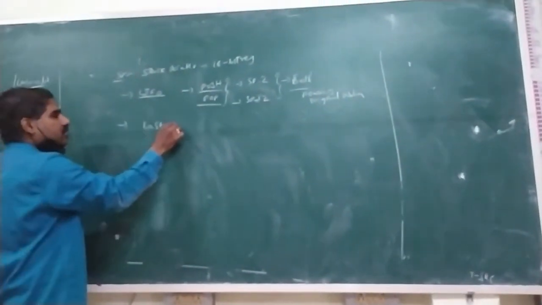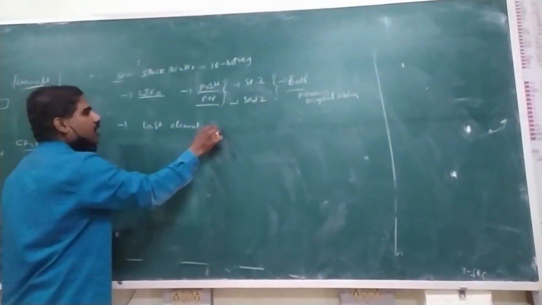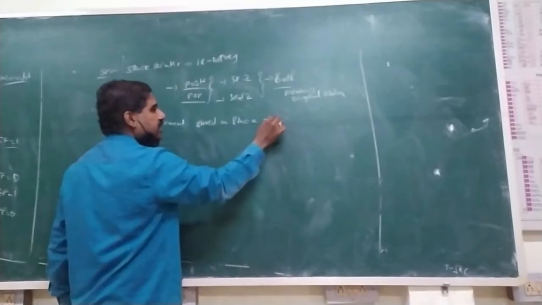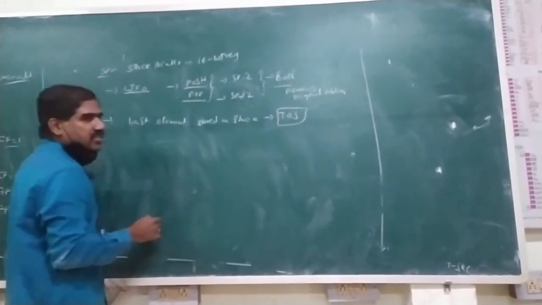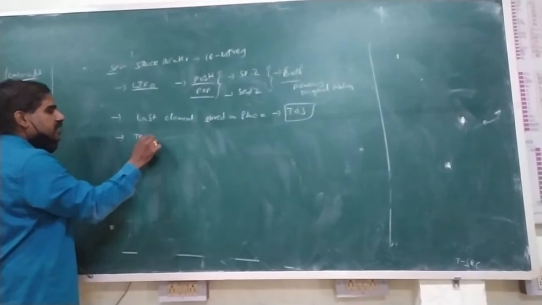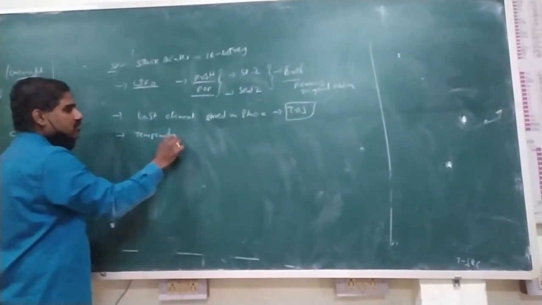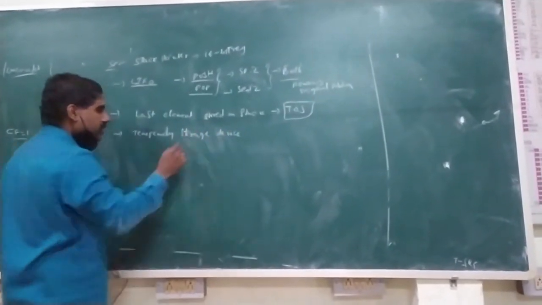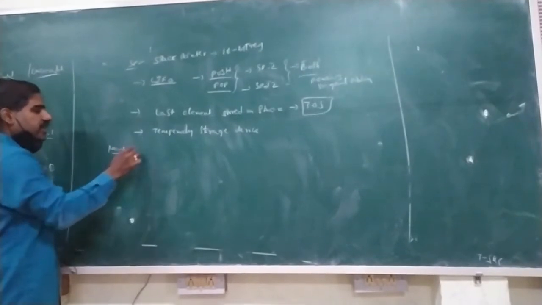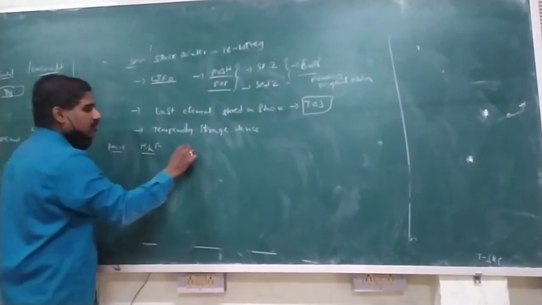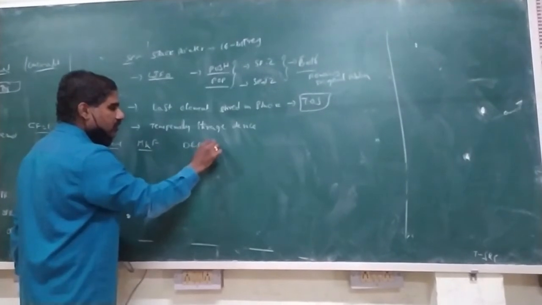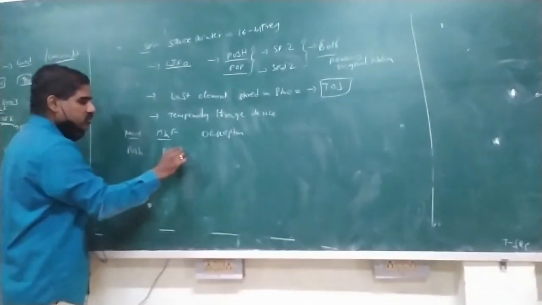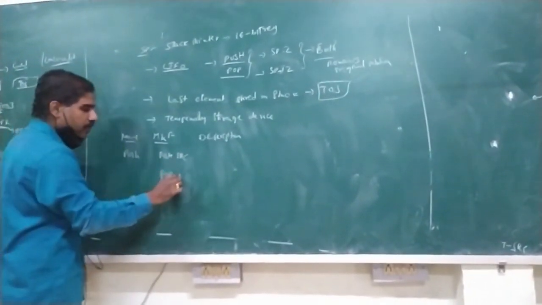The last element stored on the stack is known as TOS, the top of the stack. It is a temporary storage device. In this also we have 4 instructions: push source and pop destination.